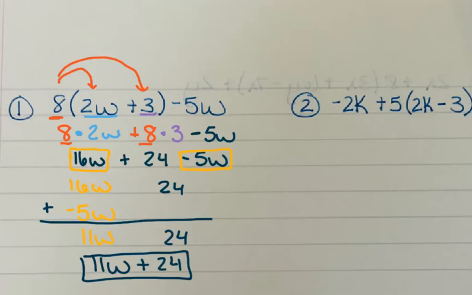All right, let's take a look at another example. Number 2, I need to check to see if I need to distribute, and I do. I'm distributing this 5, and it's going to be distributed to 2 terms. So I've got my 2 terms here.